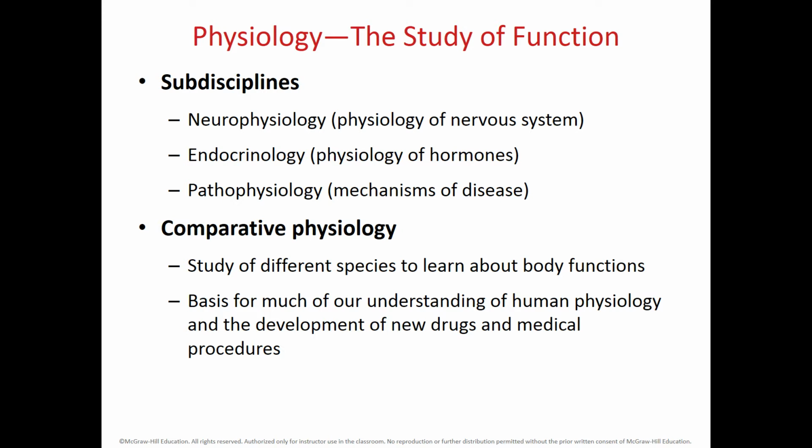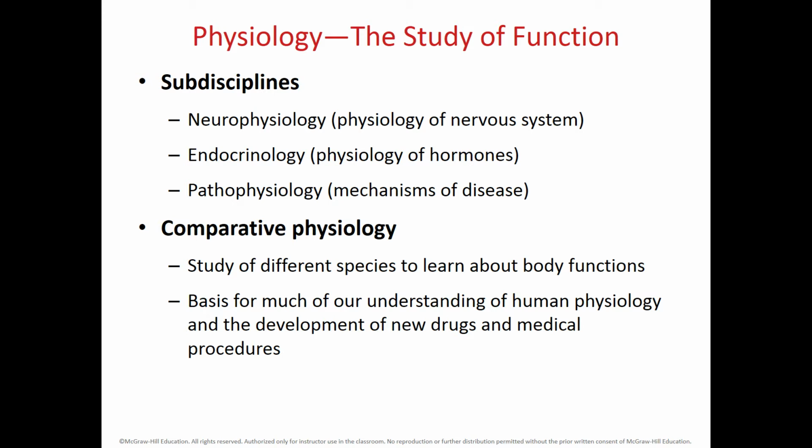Pathophysiology is a branch of medicine that helps us understand the mechanisms of disease, like what the cause of the disease is, how the disease starts and how the disease ends.